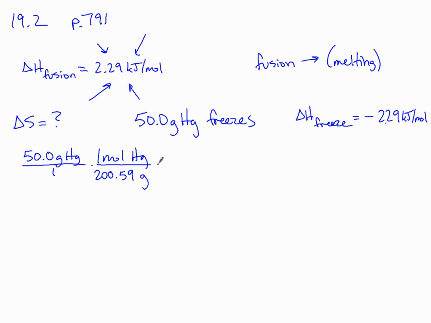So this is moles of mercury, and we're going to relate it to this. So for every 1 mole, actually this one right here, for every 1 mole that freezes, negative 2.29 kilojoules are released. Negative is releasing energy. It's losing energy.